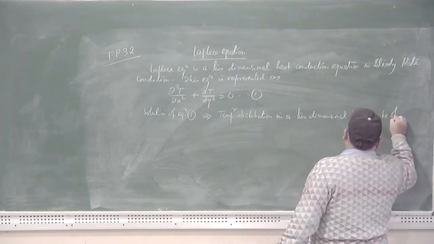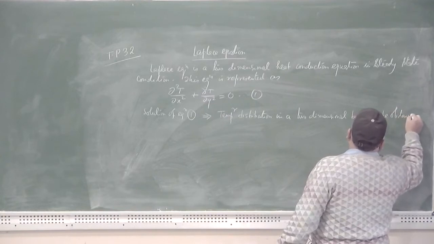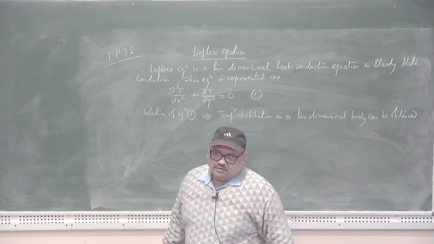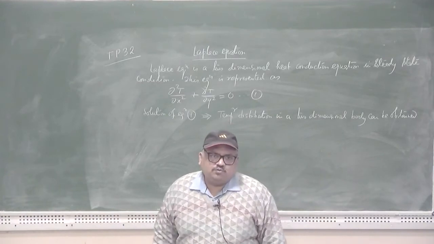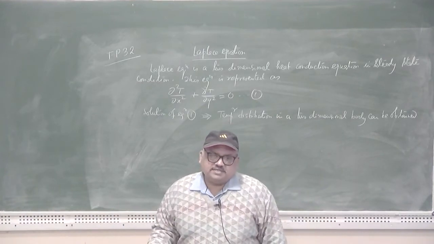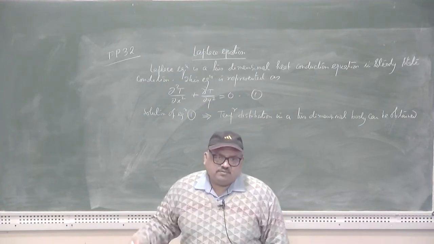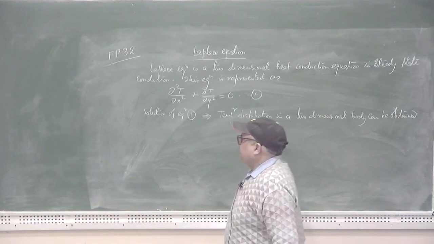You can obtain a temperature distribution in a two-dimensional body such as a rectangular plate, a square plate or a triangular plate, whatever the shape may be.